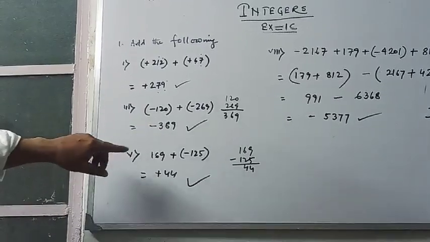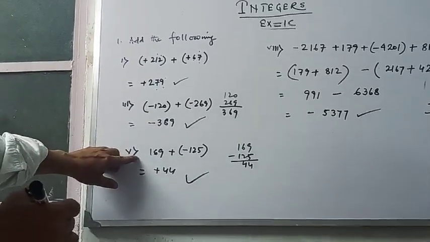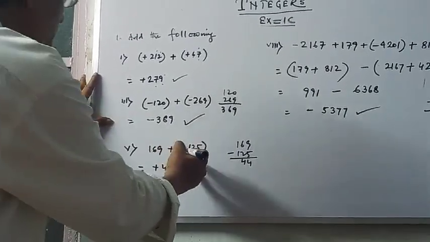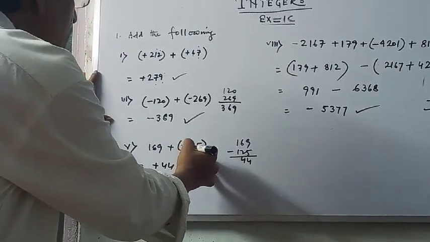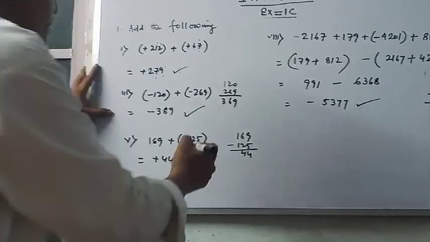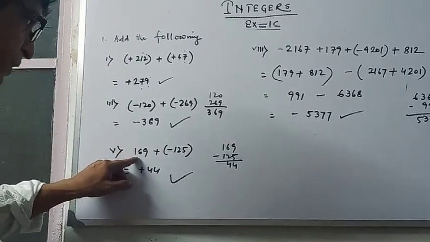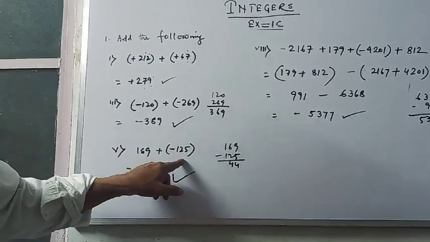Okay. Next, sum number 5, 169 plus minus 125. Here we add a positive integer with a negative integer.